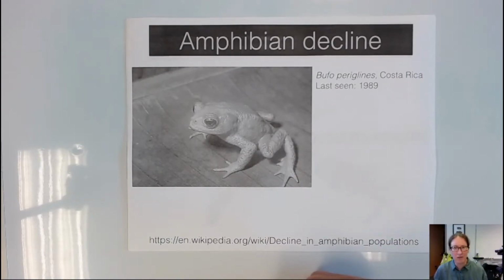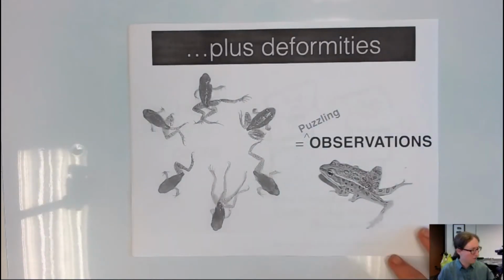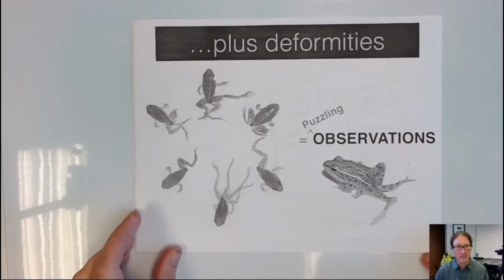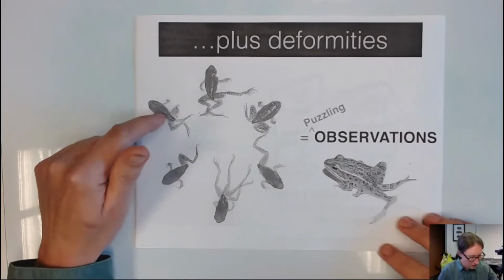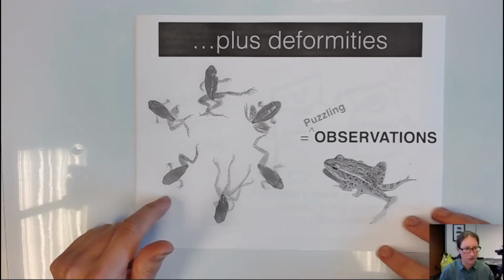So at that time, while a group of people was noticing this phenomenon with the golden toads, people elsewhere were noticing another thing. A lot of frogs elsewhere were showing up with all kinds of weird deformities. As you can see here, for example, here's a frog with more or less normal limbs, but here's a frog that only has 3 out of its 4 legs.